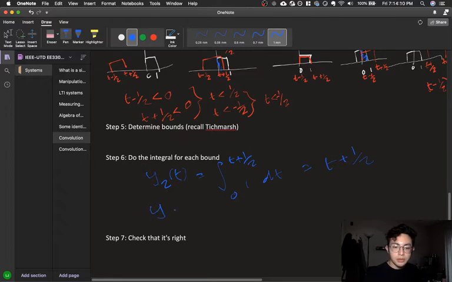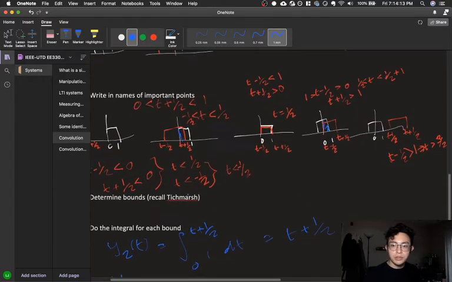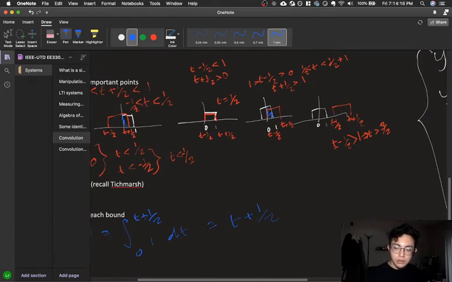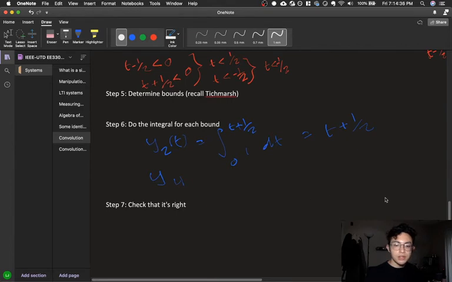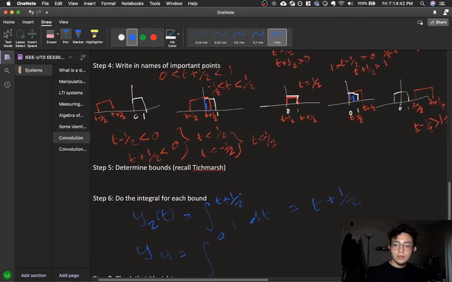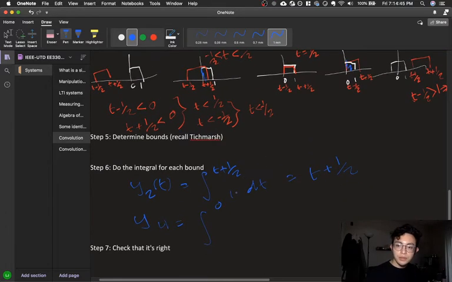And y4 is similar. So it would be from t minus 1/2 to 1. Let me redraw this again, just to get my scale correct. And this is just going to be the integral from 1/2 to minus 1/2, because it starts over here, just slightly overlapping.